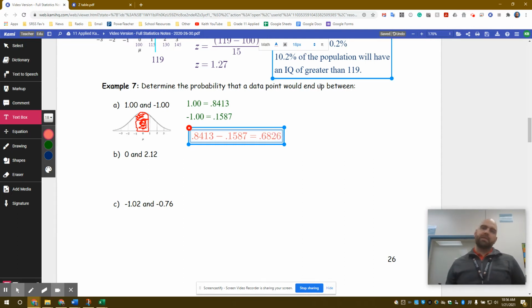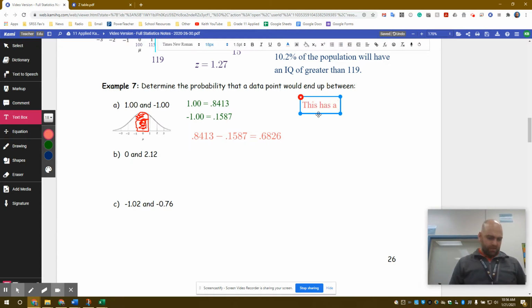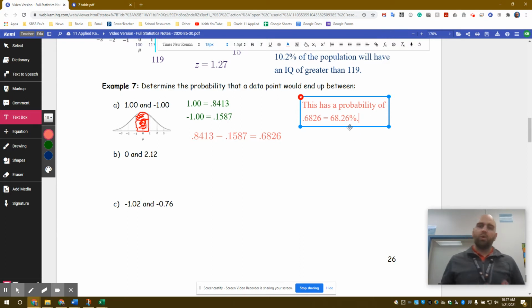So the probability that a data point will land between 1 and -1 is 0.6826, or 68.26%, which is very similar to what we were told by a normal distribution.